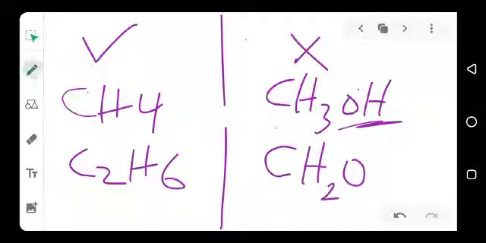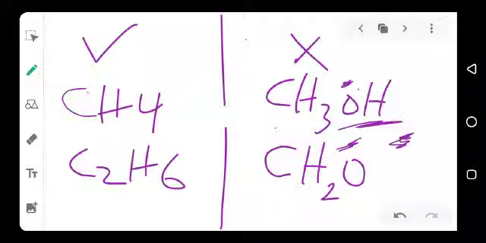But when we look at this one, we have an oxygen atom present here. Because of the oxygen atom, it is no longer a hydrocarbon. This one also has an oxygen atom attached to it, so these two are not hydrocarbons.